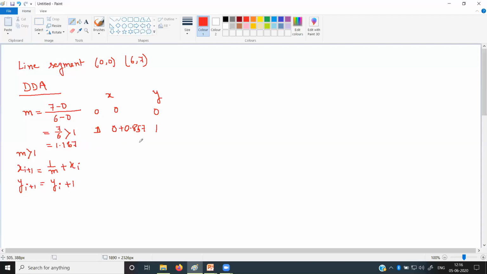So the next point will be this one. I will not show the addition in detail. I will write down m. Here, 1 by m is equal to 6 by 7, which is nothing but 0.857.